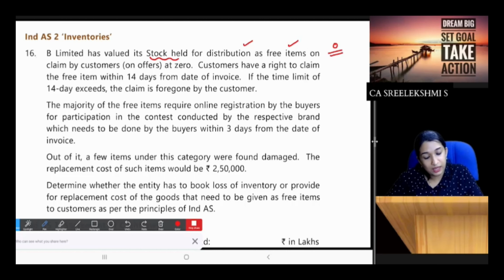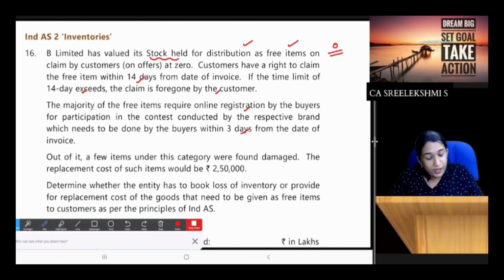Customers have the right to claim a free item within 14 days from the date of invoice. If the time limit of 14 days is exceeded, the claim is foregone by the customer. The majority of the free items require online registration by the buyers for participation in the contest conducted by the respective brand, which needs to be done by the buyers within 3 days from the date of invoice.